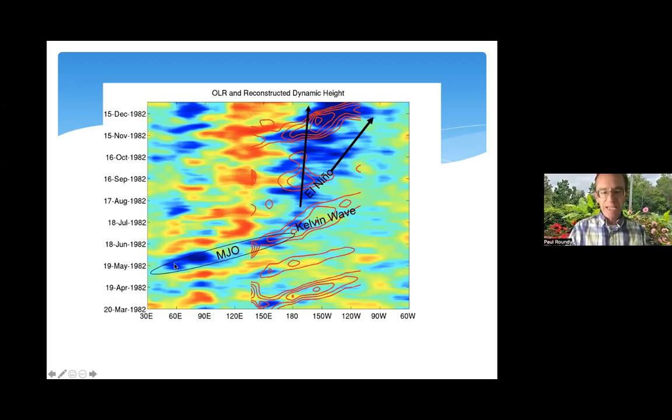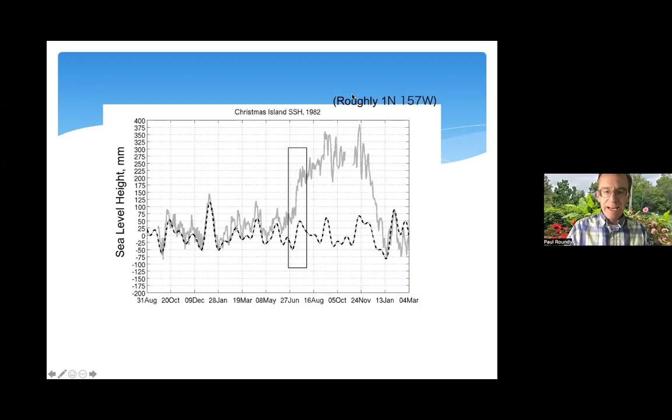Well, here it goes. The MJO comes in just shortly after that. This Kelvin wave, and look at the active convection emerge right from there. I go to the sea level height at Christmas Island, 1 north, 157 west, so right along the equatorial cold tongue.